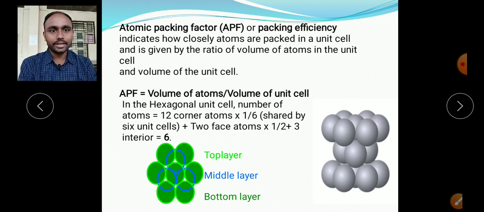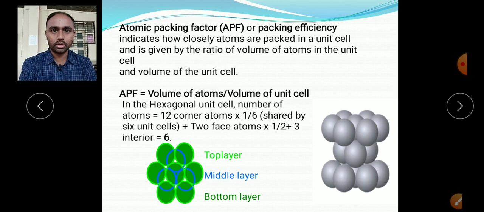It indicates how closely atoms are packed in a unit cell and is given by the ratio of the volume of atoms in the unit cell and the volume of the unit cell. Already we know this. Now to find the atomic packing factor, it is simply the volume of atoms divided by the volume of the unit cell. We must know how many atoms are present in the unit cell, because we have to find their volume.